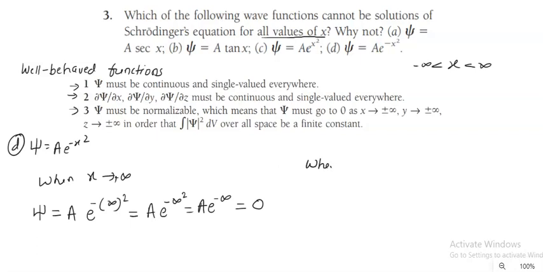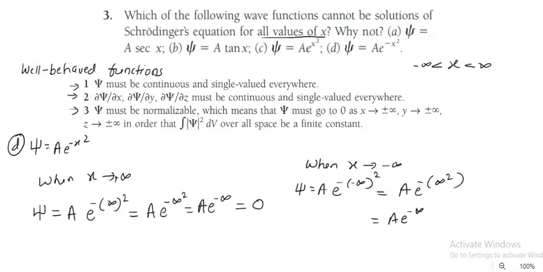Similarly, when x tends to negative infinity, we can write the wave function psi is equal to A into e to the power negative of negative infinity squared. So this can be written as A into e to the power negative infinity.